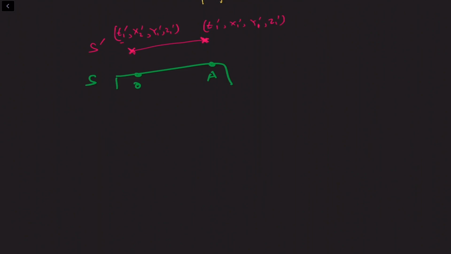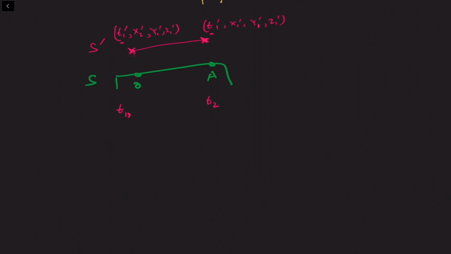These two events of the measurements of the endpoints of this rod in frame S prime do not appear to be simultaneous to observers on the platform. That is, the observers on the platform will measure a different time t1 and a different time t2 for these space-time points.